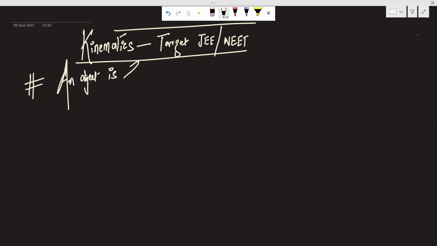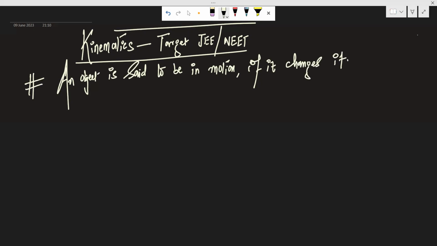An object is said to be in motion if it changes its position in relation to a certain fixed observer with the passage of time.